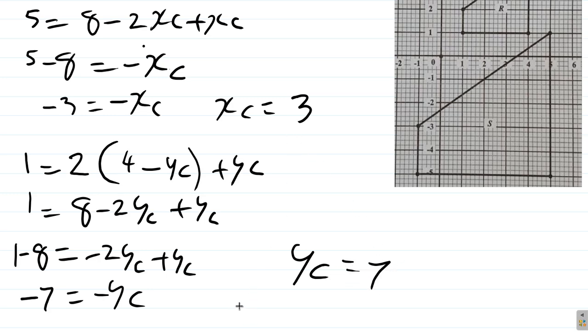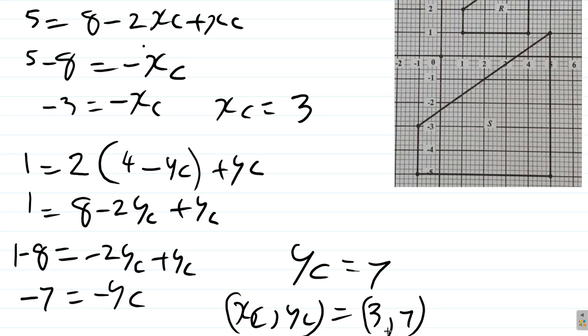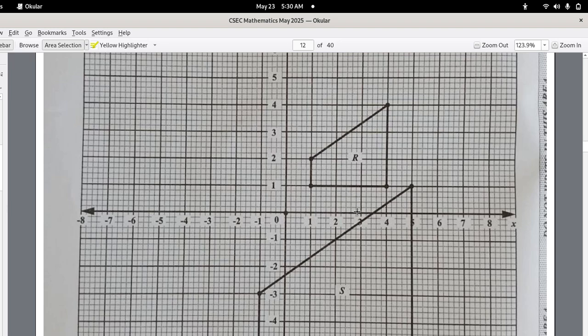So xc comma yc. The coordinate of the center of enlargement would be, it looks like it will be 3, 7. Now we could do it with other points too. Well, let's see. Let's take a look at this if you think it would add up.